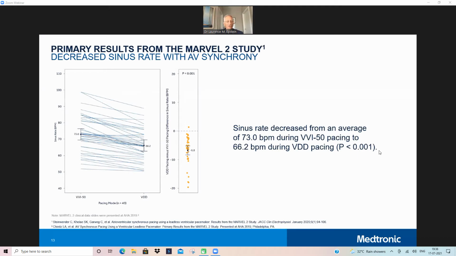So it's a compensatory mechanism to make up for that lack of AV synchrony. You can see here that the sinus rate decreased significantly in patients who achieved AV synchrony. Just another marker that having AV synchrony is physiologically better than not having it. Next.